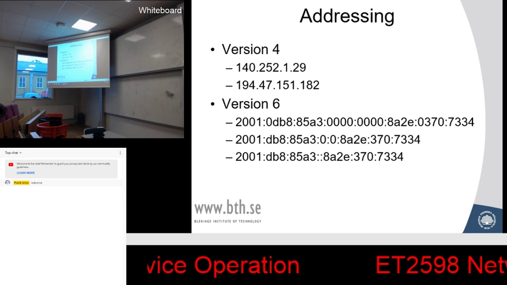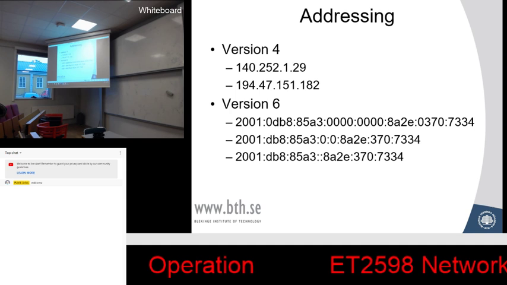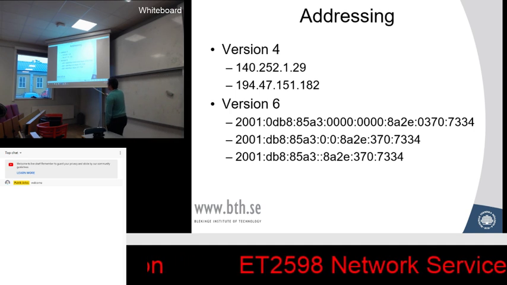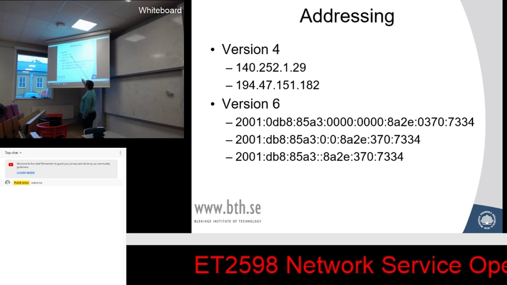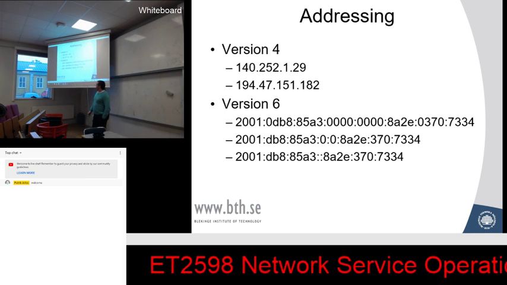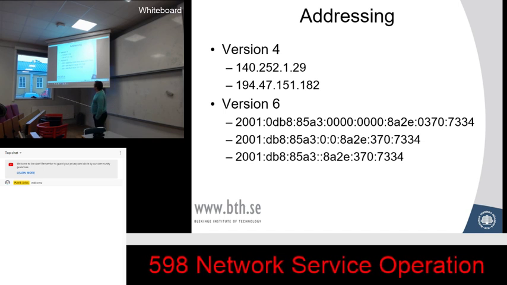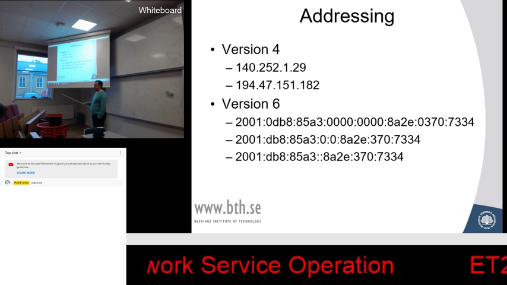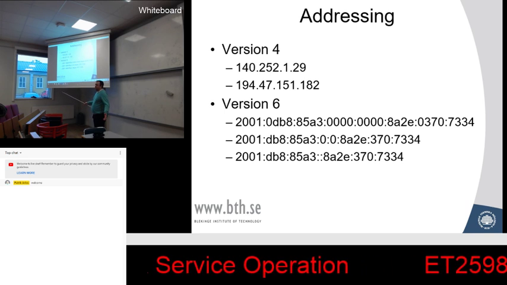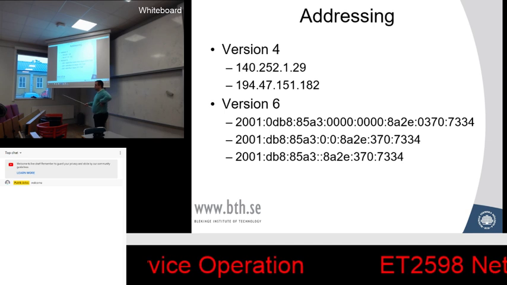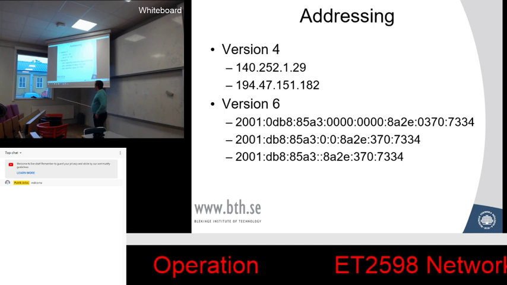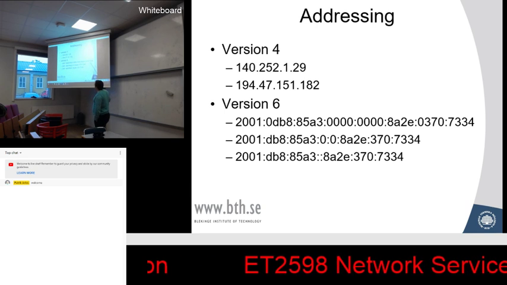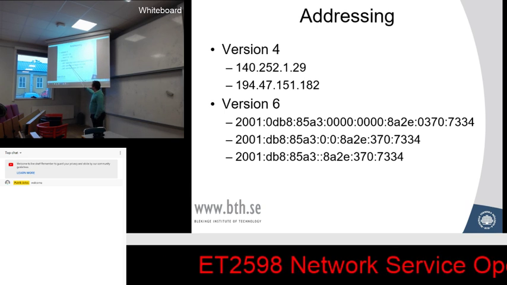Here are a couple of examples of the way you can write addresses, and there will be more. These are two simple version 4 addresses, and when it comes to the IP version 6 address, it becomes a little bit more complicated. It's 4 times as big, right? Yes, it's 4 times as big. So here's the full address, but you see there's a bunch of zeros inside it.